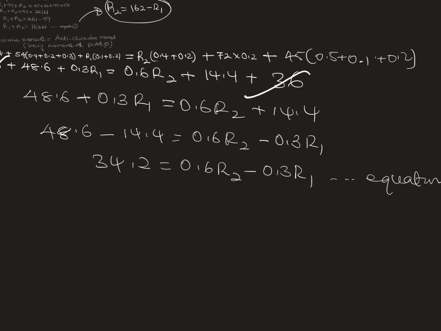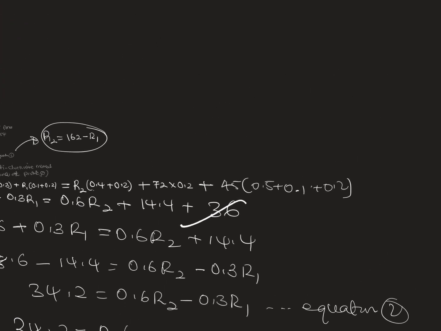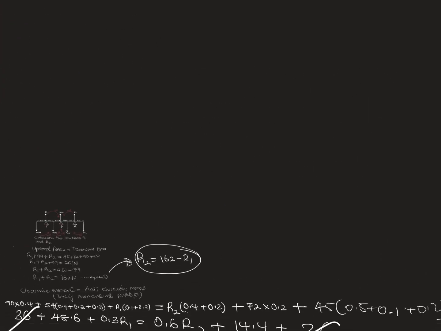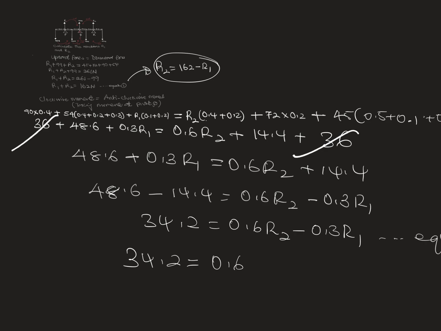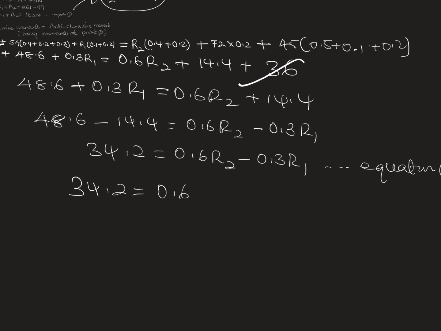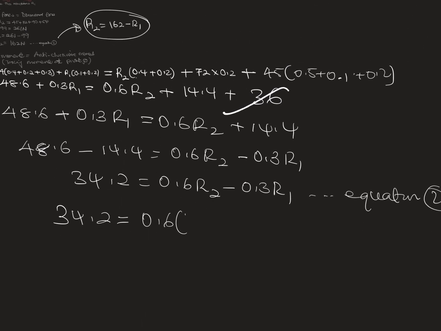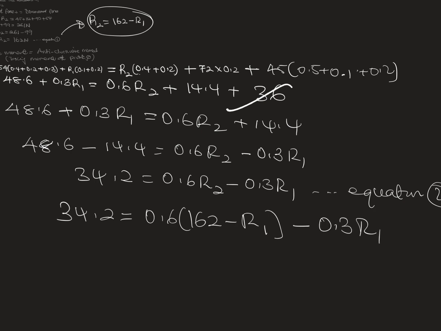So coming back to this point, 34.2 is equal to 0.6 times R2, and R2 is 162 minus R1, then minus 0.3 R1.